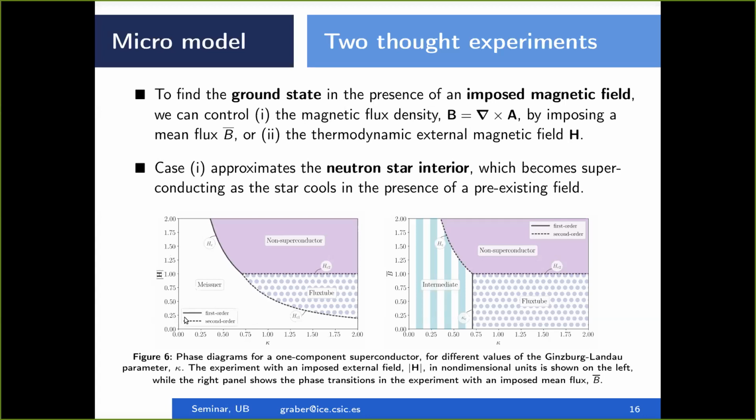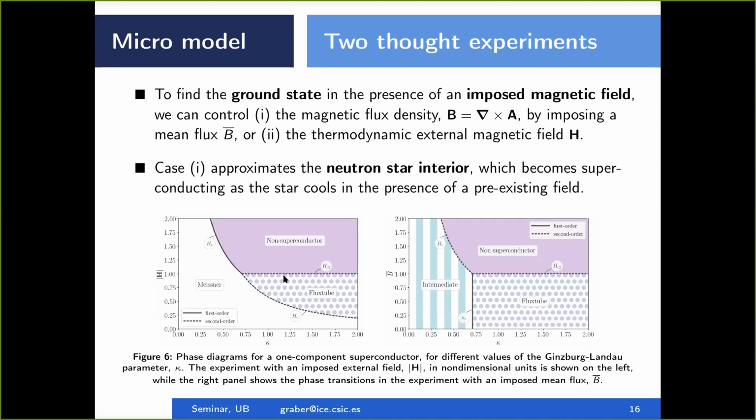This is all normalized, but you see that if I have low fields, I'm always in the Meissner regime. At this critical point of 1 over the square root of 2, I have a triple point where I can branch off into the case where I have an HC2 and an HC1. So the curves that I showed you earlier were essentially slices this way and this way.